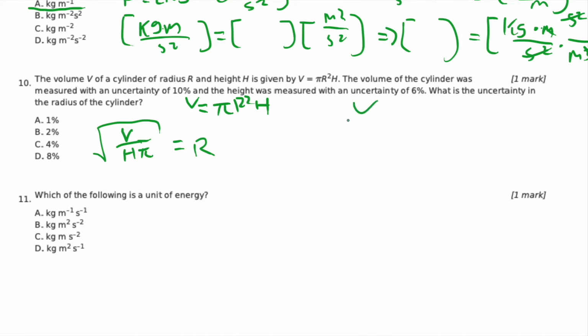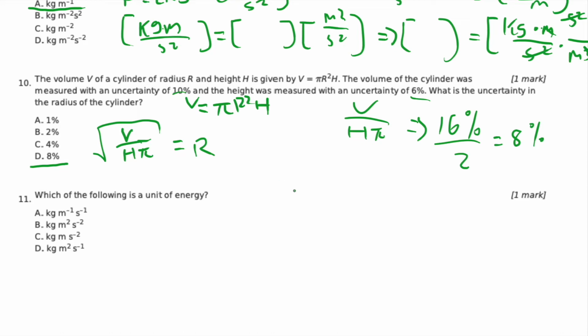So V over h has a fractional uncertainty of 6% plus 10%, which is 16%. And then you take the square root of something, so the uncertainty has to be divided by 2. So the radius must have an uncertainty of 8%. So D is the correct option.